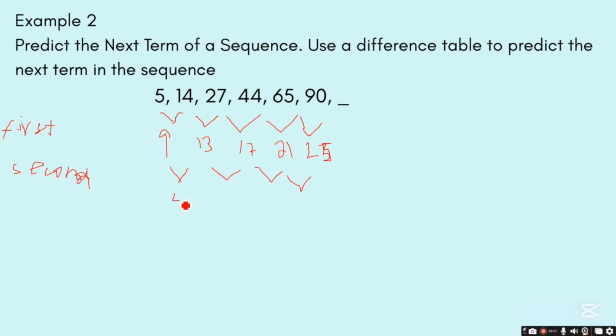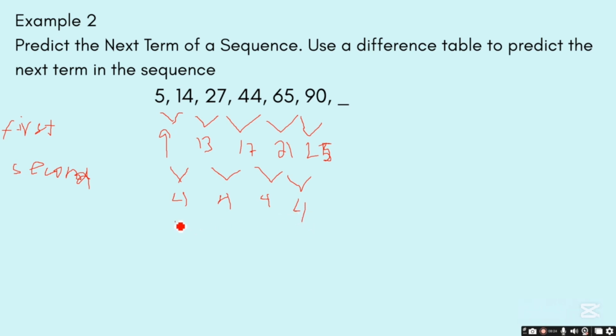13 minus 9 is equal to 4, and 17 minus 13 is equal to 4, and 21 minus 17 is equal to 4 also. And 25 minus 21 is equal to 4 also.